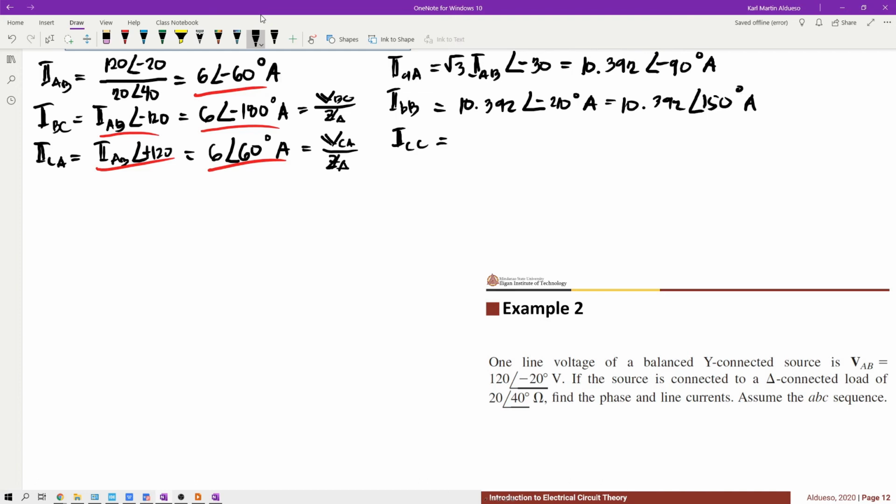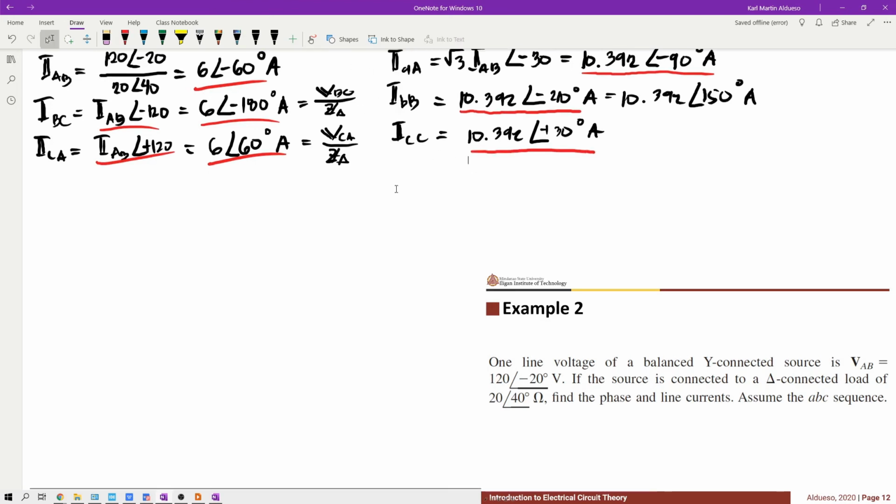And lastly, ICC is equivalent to 10.392 angle of positive 30 degrees amperes. We have the line currents and phase currents.